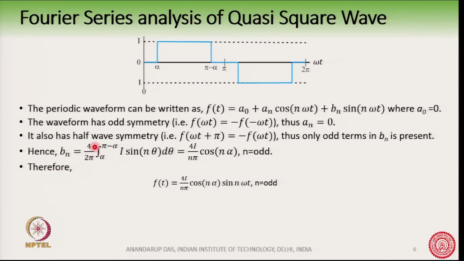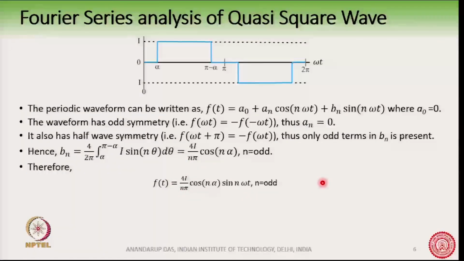Now we can find Bn, because An is 0 and A0 is 0. You can do this integration, and you find Bn is 4I by n pi cos n alpha, where alpha is the angle at which the quasi square wave changes: below alpha the quasi square wave value is 0, and after alpha the value is I. So we can write f t as 4I by n pi cos n alpha sin n omega t.